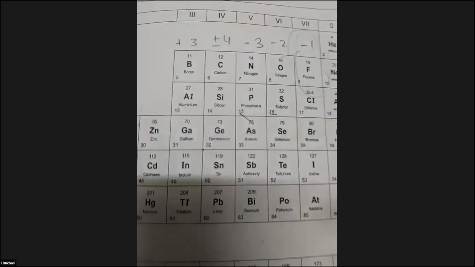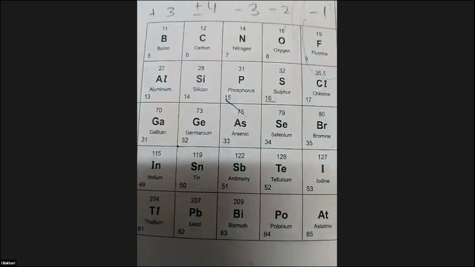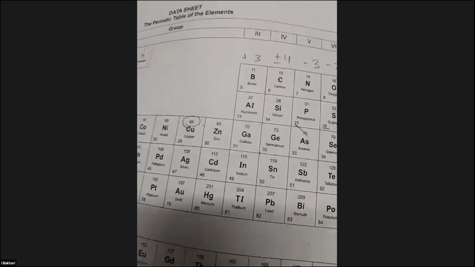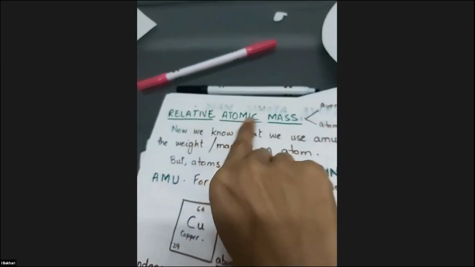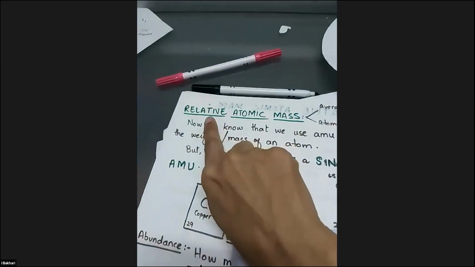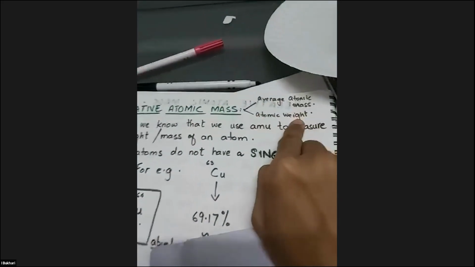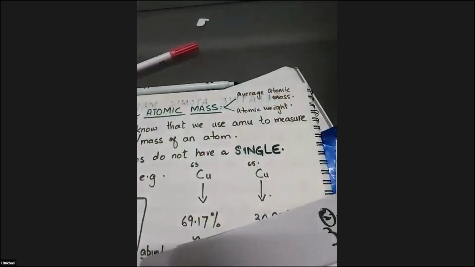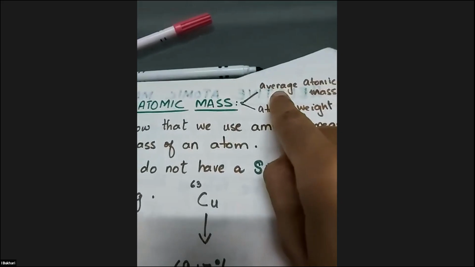Yes, Aisha, good job. This is the average. So now we will talk about how we calculate the average, and that's where the term average atomic mass comes in. These are different terms that you come across. Relative atomic mass means you are relating to a standard atom, which in our case is carbon-12, remember? You can also simply call it atomic weight, or there's another term, which is average atomic mass. Now, what do we mean by average?